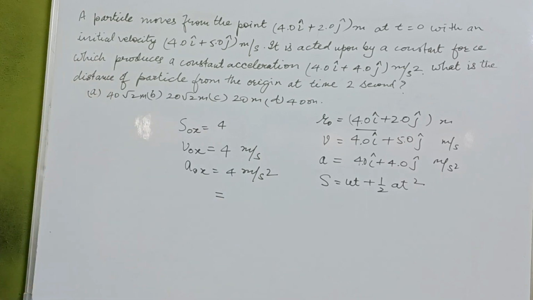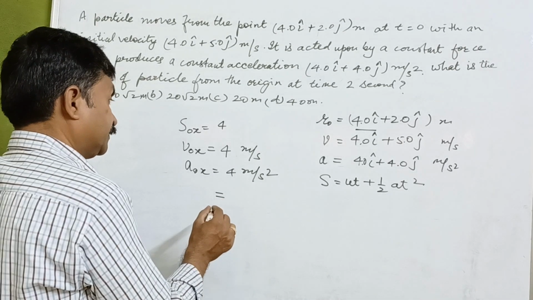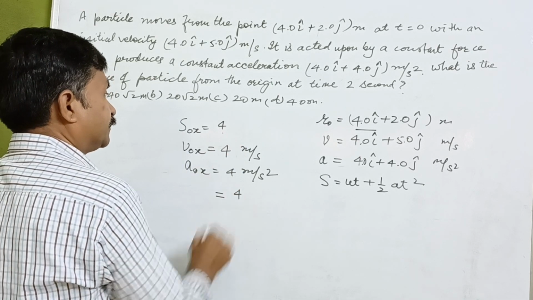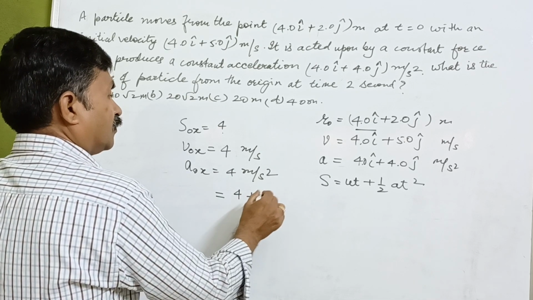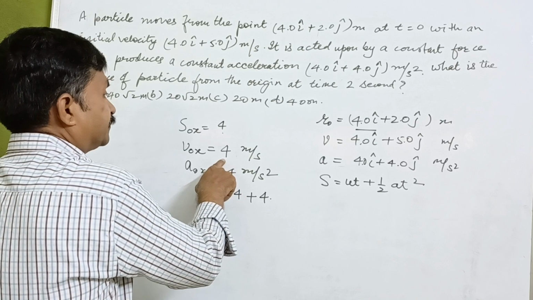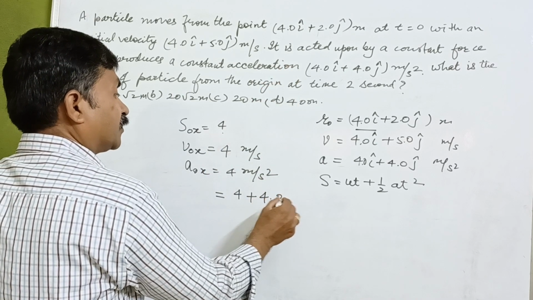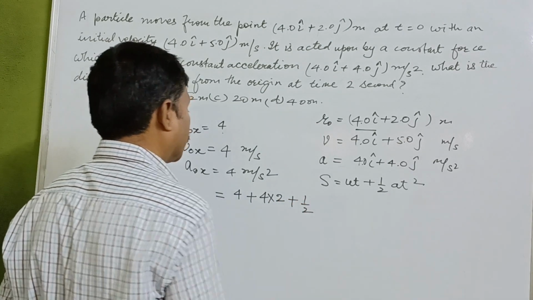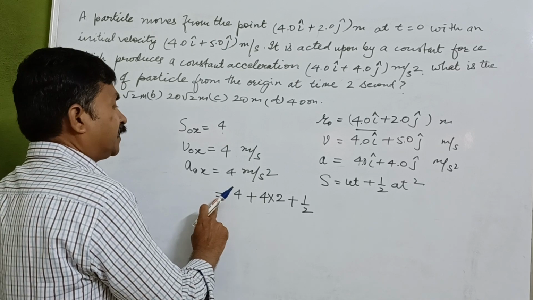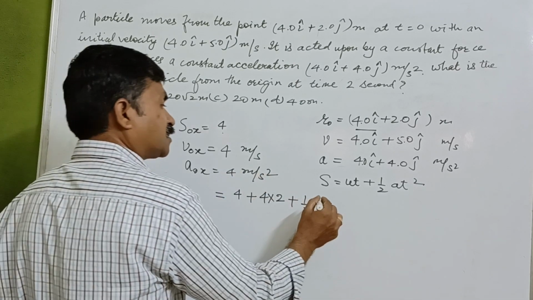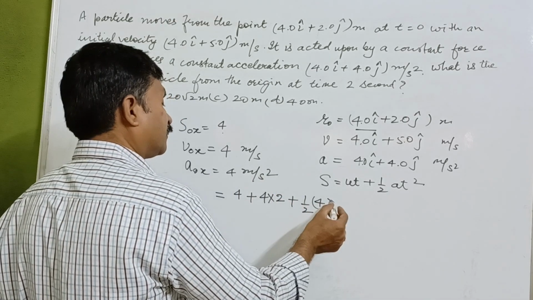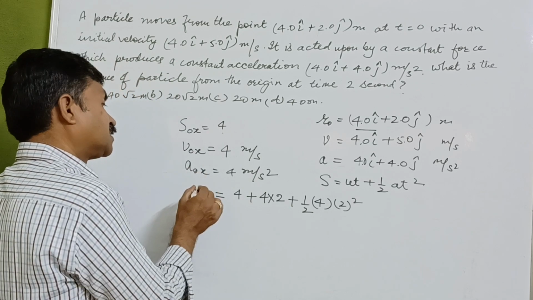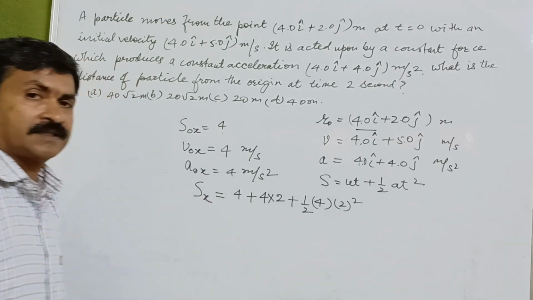We have 4 plus 4 into t. t is 2 seconds, because we have to determine it for 2 seconds, and 1 upon 2 at square. a is this 4, and t square, t is 2, so this will give the distance in x direction.